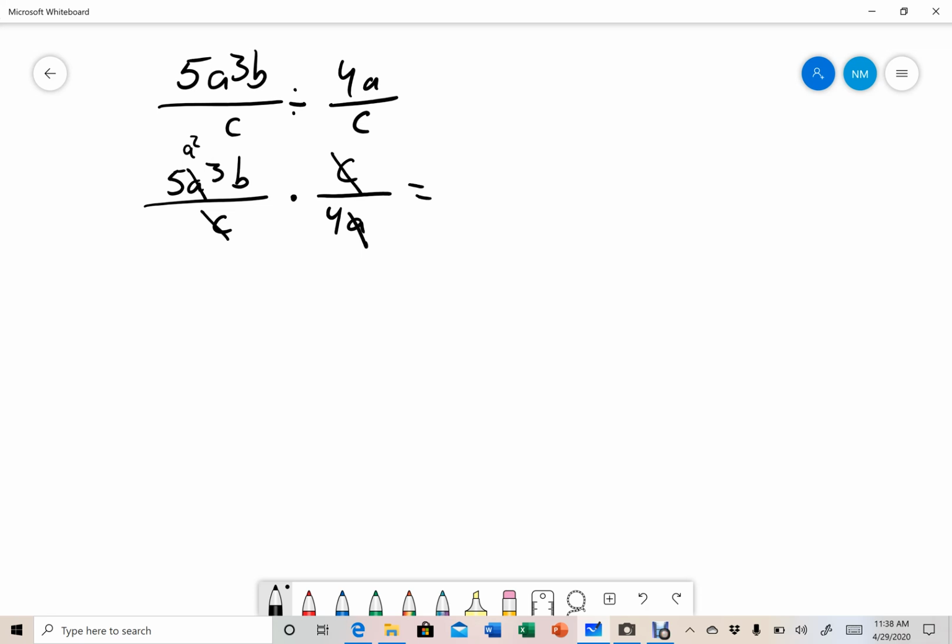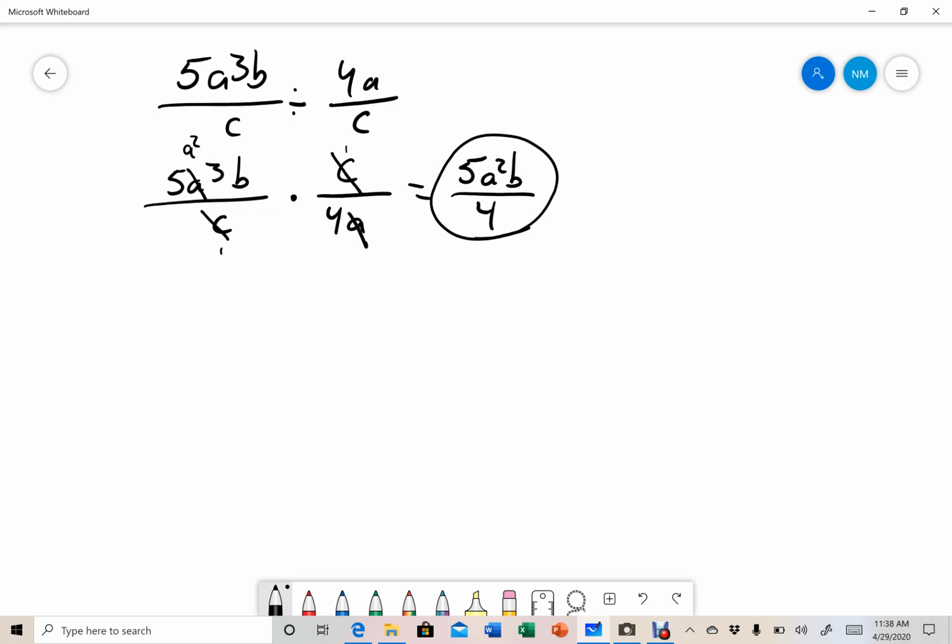I'm multiplying across, so there's nothing to multiply except for 1 here. So 5a squared b over 4 would be the answer for my fractions. Now, just like in multiplication, we have to set those canceled terms to 0.